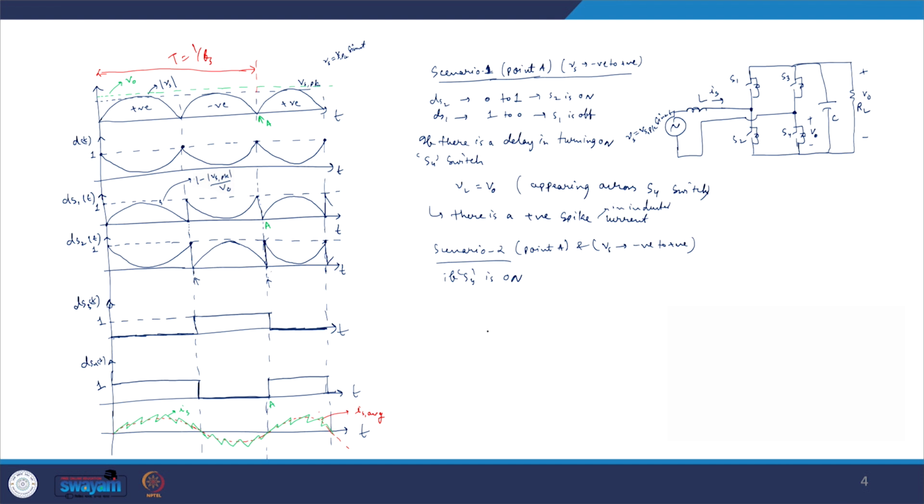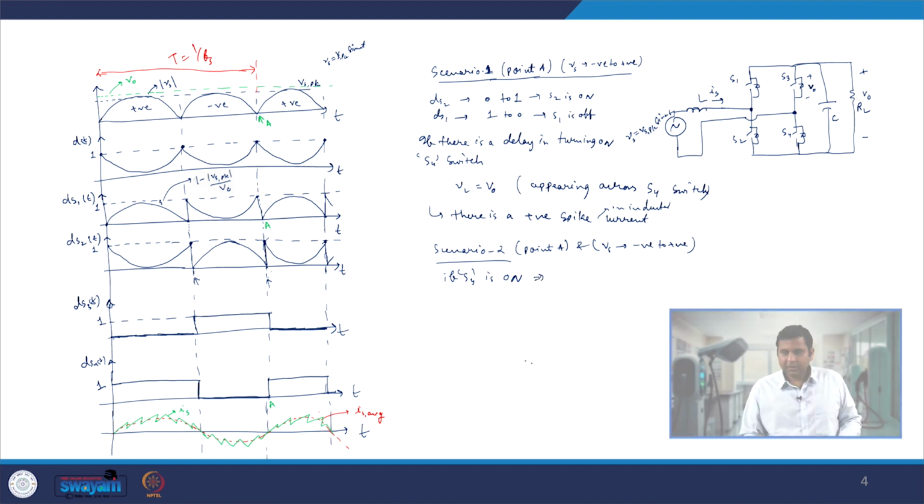So when S4 is on, there is no voltage across this, and there is voltage V naught with which the switch S3 capacitance gets charged as S4 is already on.